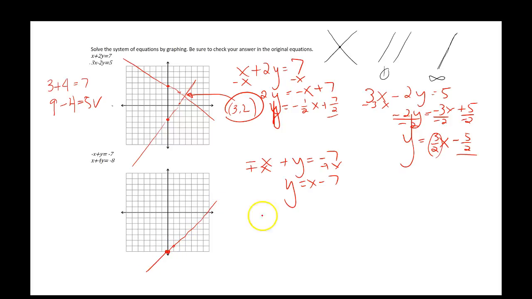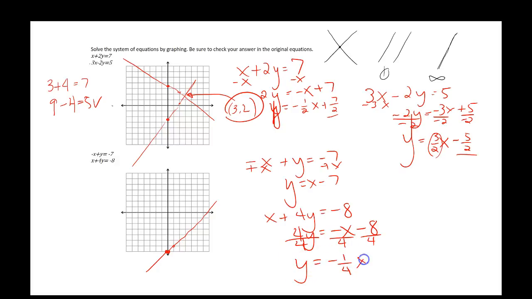All right, the second one, x plus 4y equals negative 8. I'm going to subtract the x over, and divide by 4. y equals negative 1/4 x minus 2. So negative 2 is my y-intercept, and my slope is down 1 over 4, down 1 over 4.